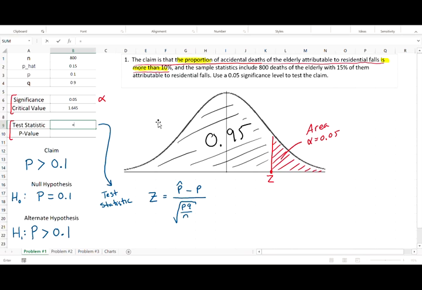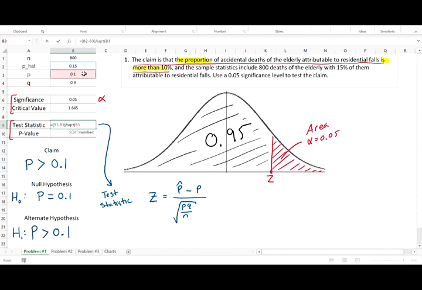So let's say equal, and I'll put the numerator in parentheses, so p hat, which is right there, B2, minus p, which is right there in B3. Okay, so that's the numerator, and then divide that by the square root, sqrt, of p times q over n.